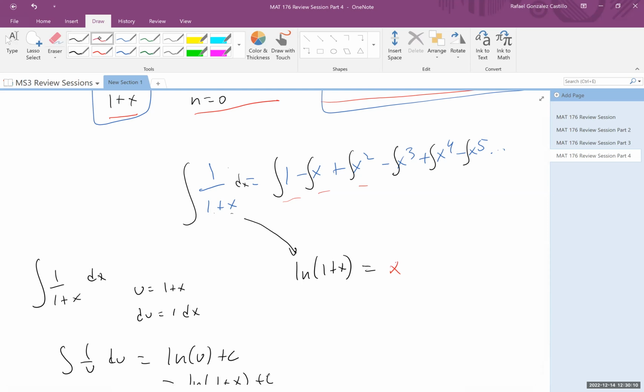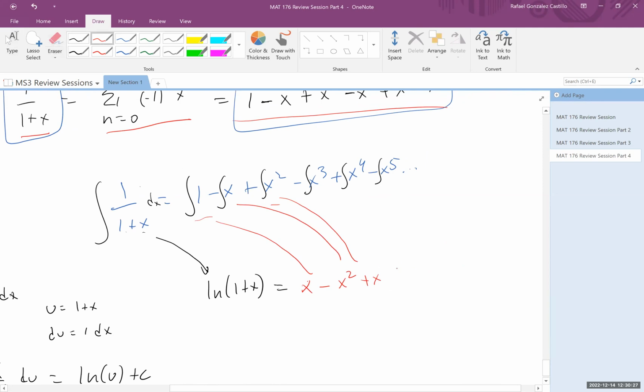And the antiderivative of x is x squared. The antiderivative of x squared is x cubed. So this is what we're getting. We get x cubed here. The antiderivative of x cubed is x to the 4, right?